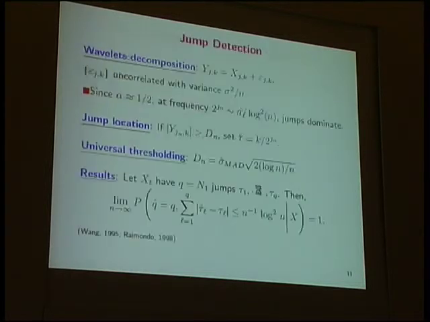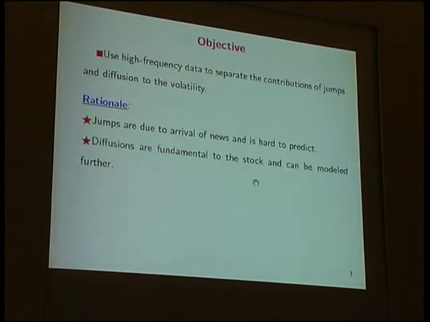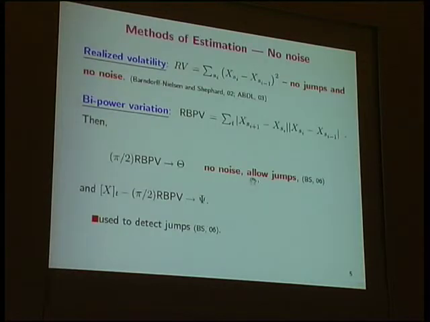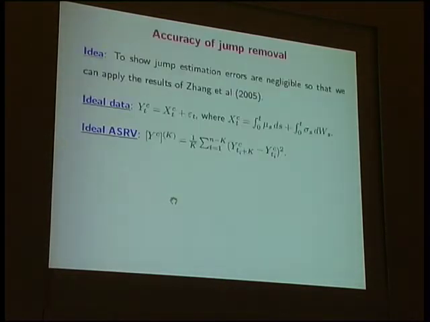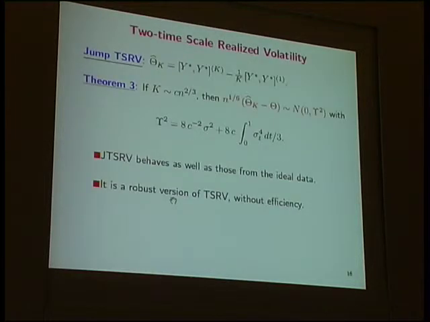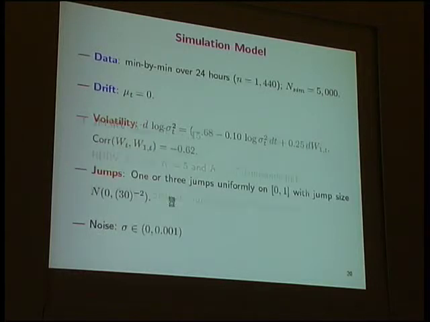So just to remind you what we use to estimate the jump size. The jump size is estimated by realized bipower using this. Okay, so there's no microstructural noise here. Now let's see the jump.